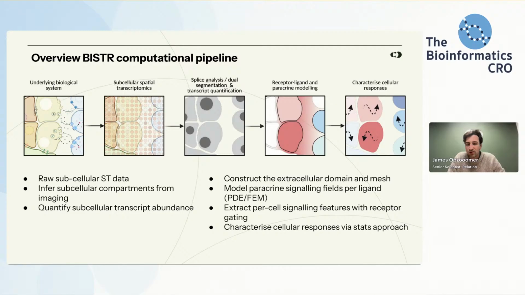This allows us to extract the per cell signaling features, which we identify with receptor gating, so understanding the concentration of the ligand at a cell boundary and whether the cell expresses the cognate receptor to this ligand. And from that, we can characterize which ligands predict certain gene expression via a GLM-based model.